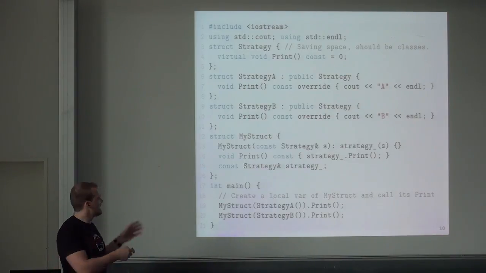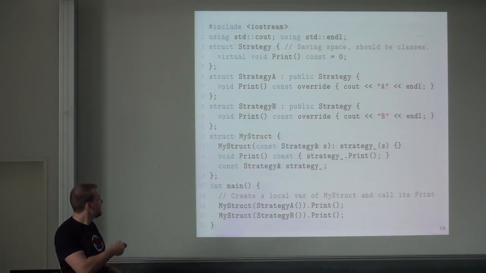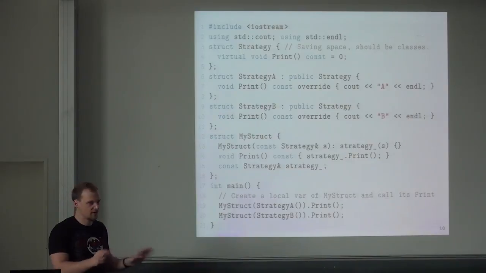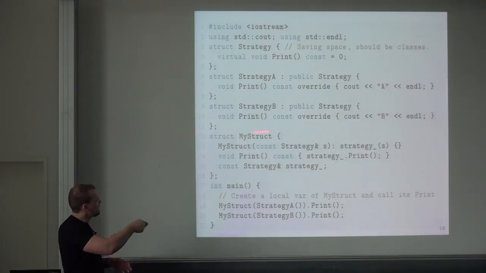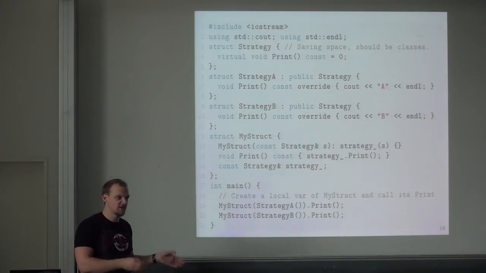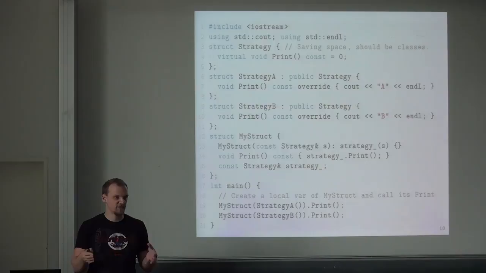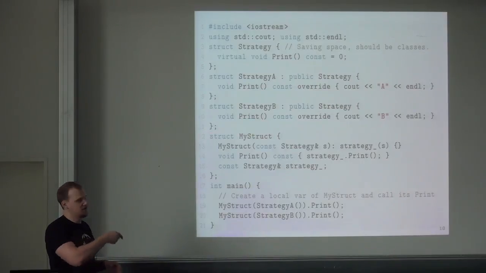It's still an interface, and all of those have to be overridden in the children of an interface. So strategy A will override this function to print A, and strategy B will override it to print B. Okay, that's hopefully clear. Until this line of the slide, it's still the same as we saw before with an interface. We just defined an interface, and we have overridden this interface in two instances. Okay? From this point on, it becomes a strategy pattern.